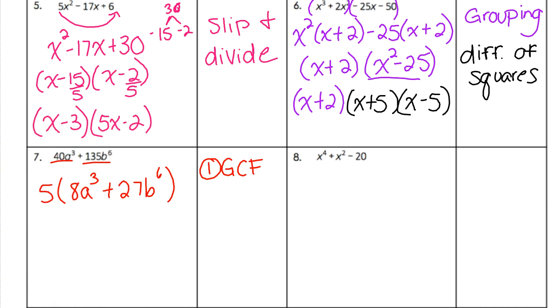So now that I've done that, I notice that 8a cubed and 27b to the 6th, those are both perfect cubes. And so since they're being added, I'm going to do the sum of 2 cubes.